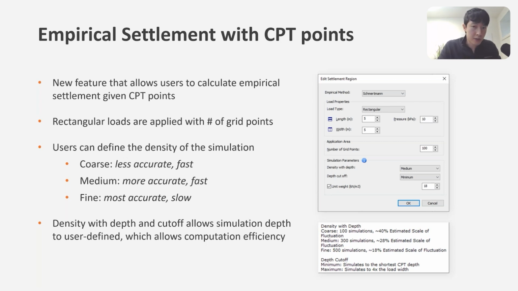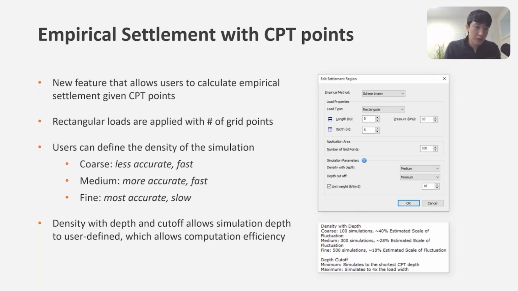You can quickly do a surface level check and see, if I were to run an empirical settlement for that defined load magnitude and size applied through all of the grid points, you'll be able to see the contour of the settlement profile for the given CPTs.